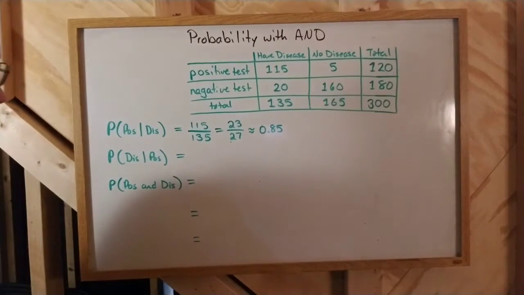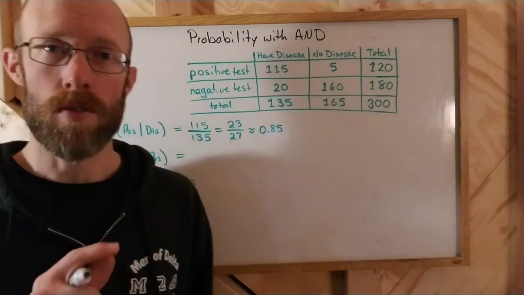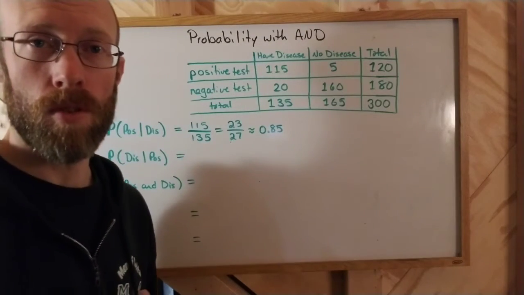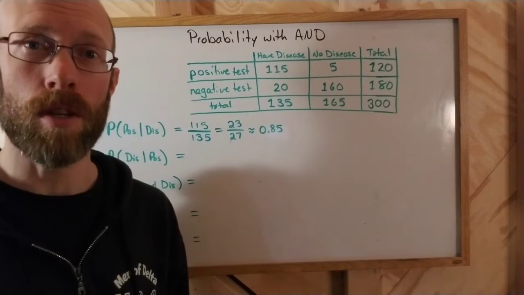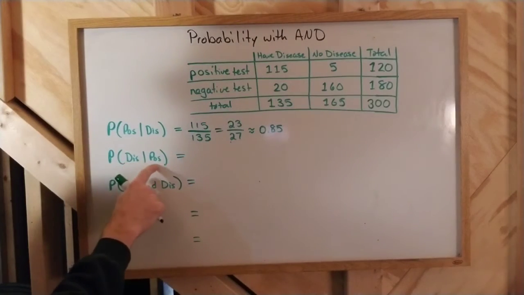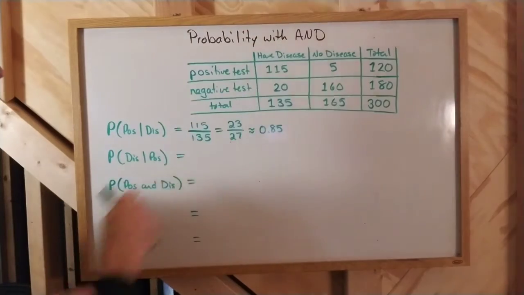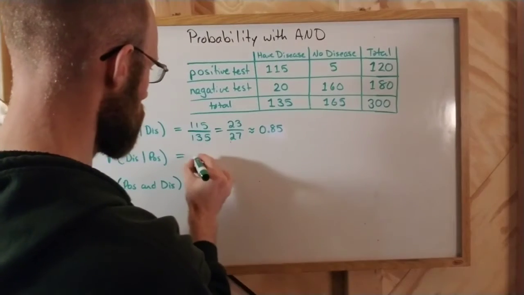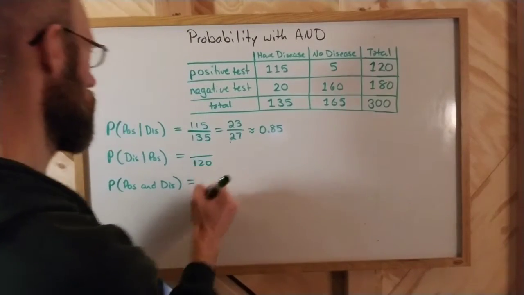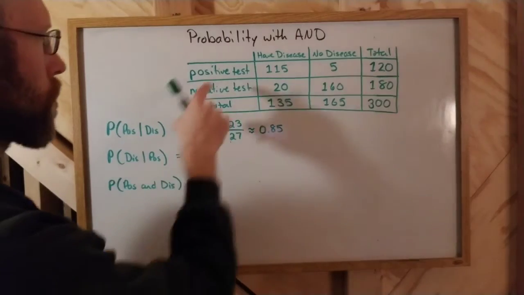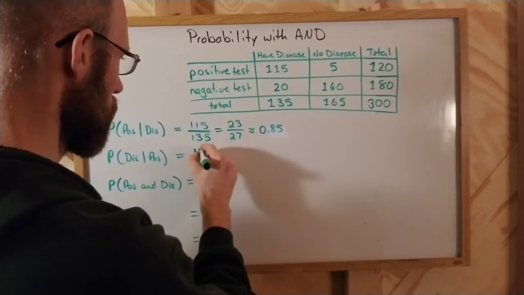Now, if you switch the two events, it often results in a different probability. If I said the probability of having the disease given a positive test, you have to look at the positive test row, of which there are 120 positive tests, and the number of people who have the disease in that row is 115.